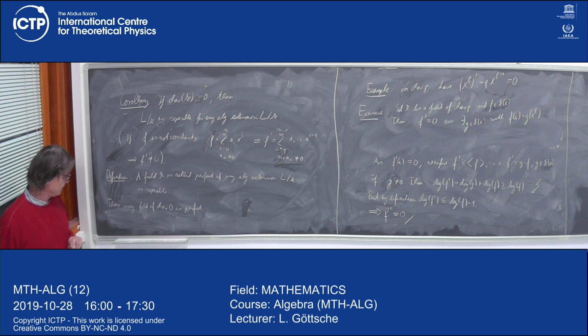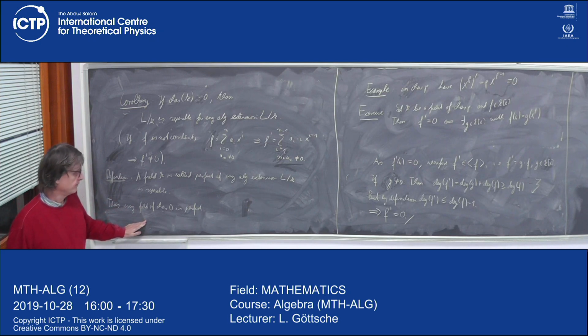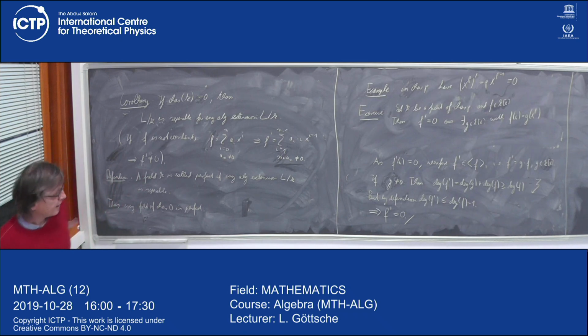I should however say that we are not going to prove it, but one can prove that every finite field is perfect. So every algebraic extension of a finite field also is separable. But that's more difficult to see, but it's also true. But there are fields which are not perfect, some infinite fields of characteristic p.